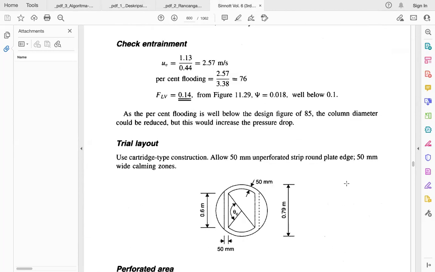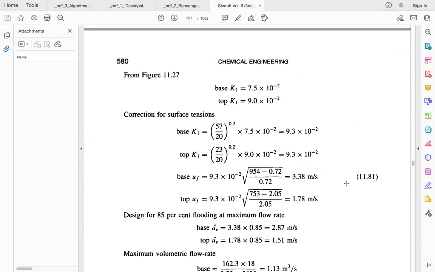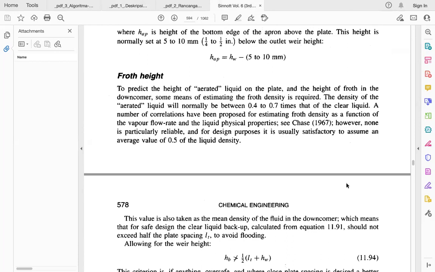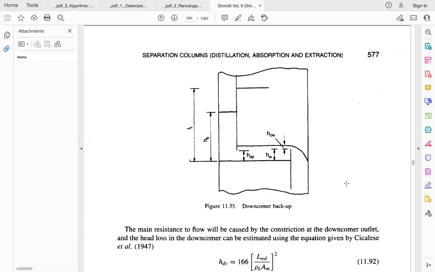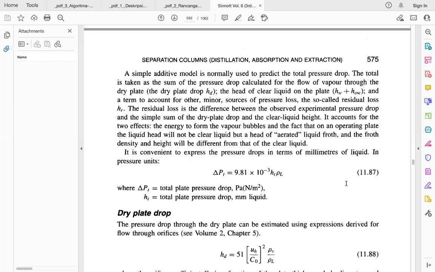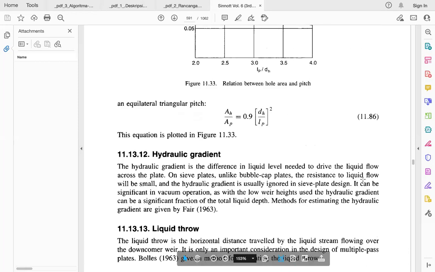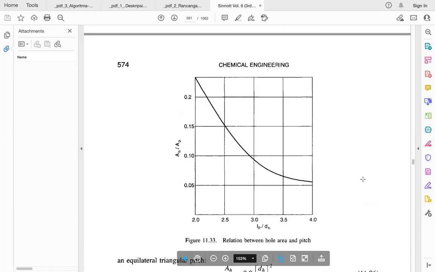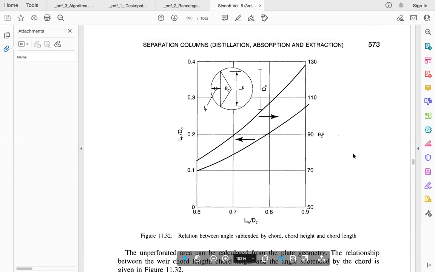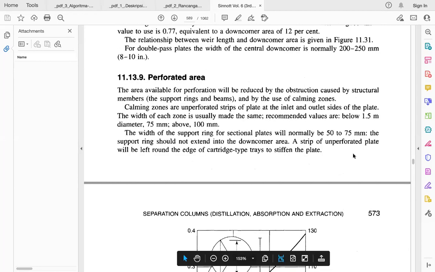Okay, so this is an example of the tray column. Look at around this chapter here. There should be an example or the rule of thumb for the L over D. I think around 8 or 10.